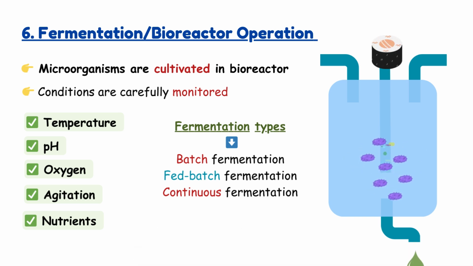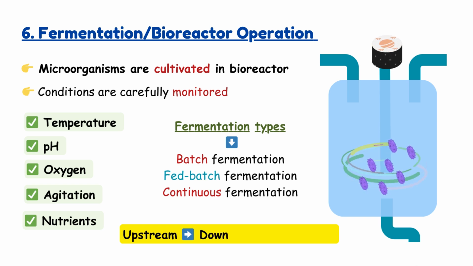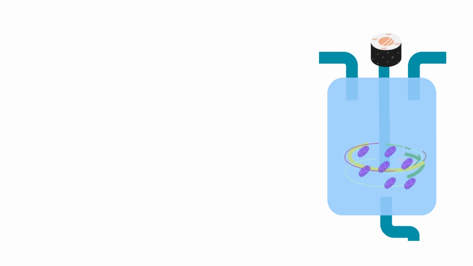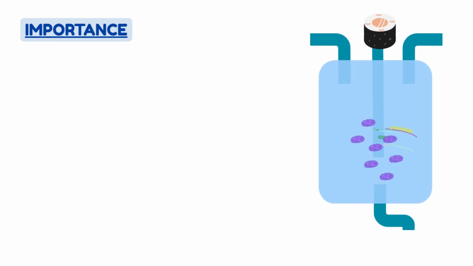The desired product will then go into downstream processing for product recovery. So the upstream processing ends in this step and the culture is ready for going into downstream processing.